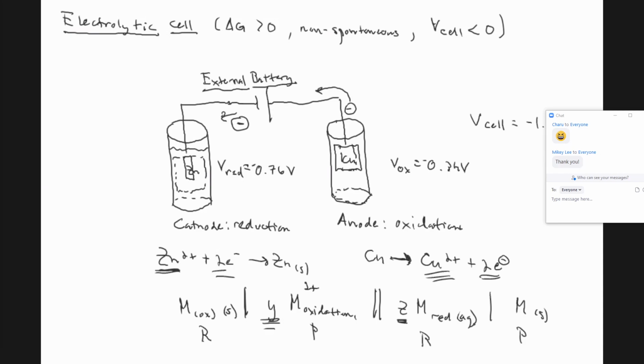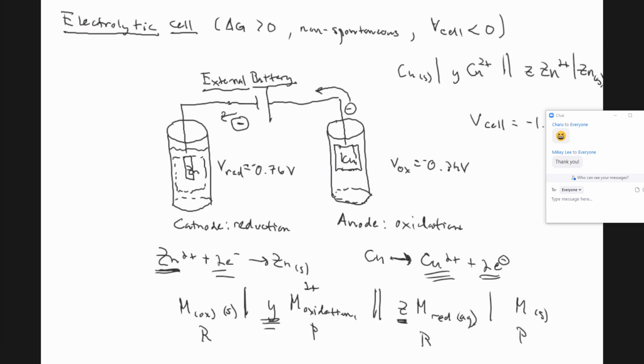So for this one right here, it would have been copper that was getting oxidized. So it would have been copper solid, single line, some concentration of copper 2+, double line, some concentration of zinc 2+, and then zinc solid.